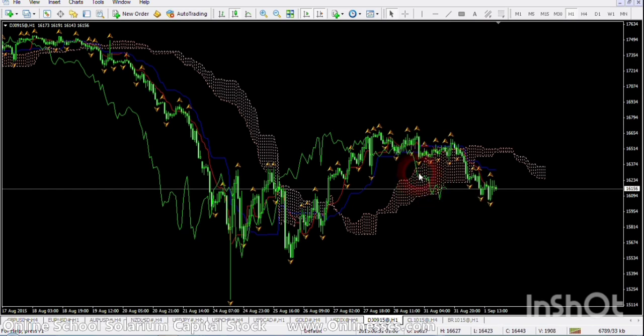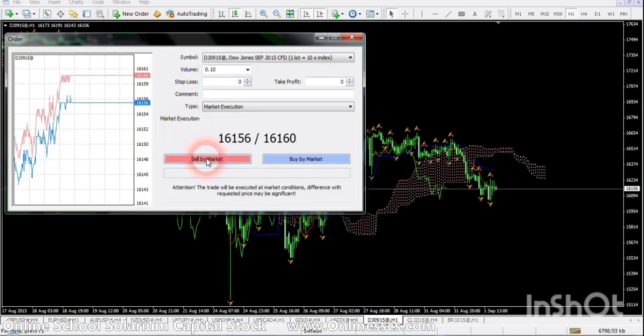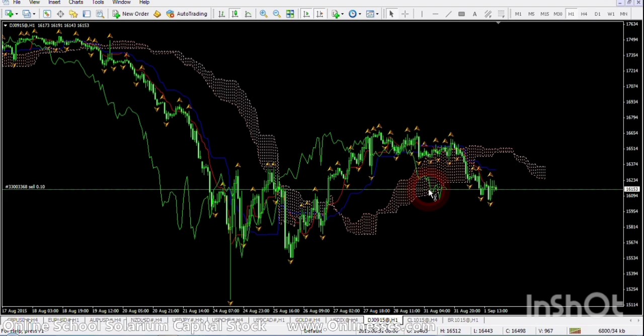That's how you have a low risk trade. When I want to get a confirmation of this, we go to the Chikou span line, the green one. My Chikou span has passed the cloud and is at the edge of the cloud. It means that my trend is confirmed, and I can do a sell position here.